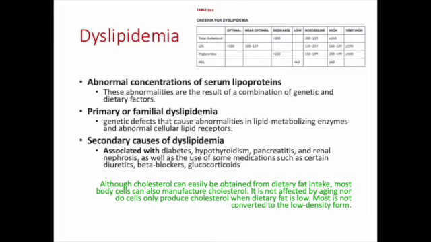Cholesterol really isn't affected by aging, or our cells are only producing cholesterol when dietary fat is low. Most of cholesterol is not converted to the LDL form. We tend to blame a lot on LDL, but that's just a piece of the overall puzzle.